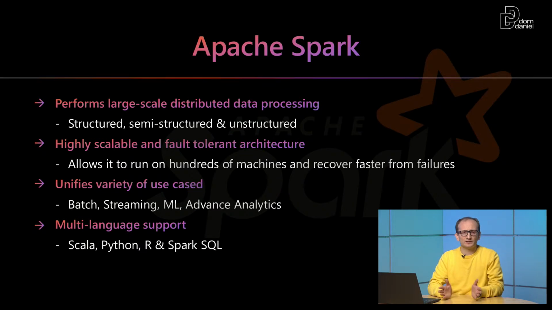We have widely used cases with Spark: batch processing, stream processing, machine learning, advanced analytics, and so on. With Spark we can use Scala, Python, R and Spark SQL. Let's mention that Scala is the native Spark language. But next we see that with Synapse Analytics we can use C# too.